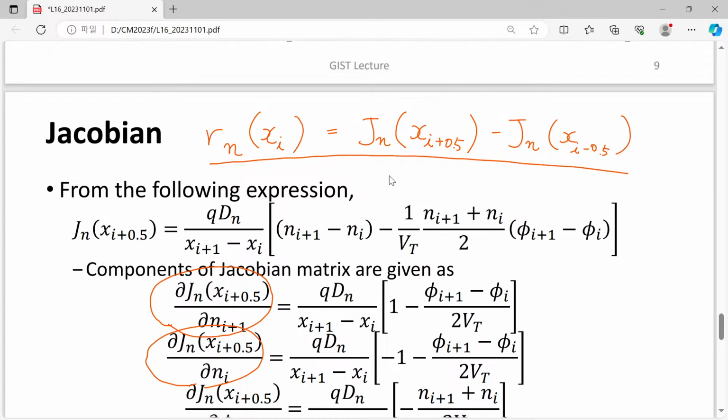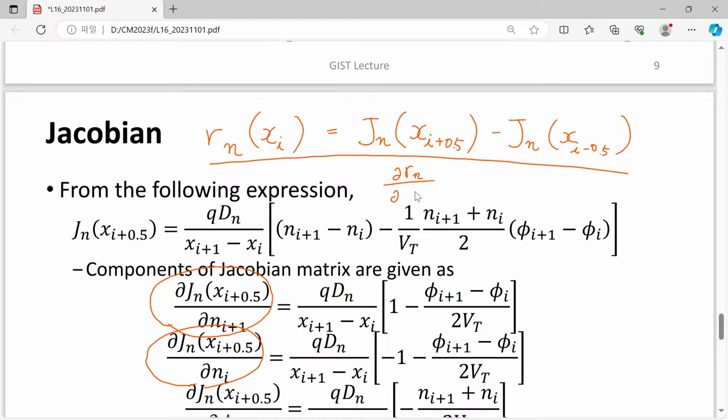So in order to calculate the Jacobian matrix, what you have to do is now take partial derivative of your residue function with respect to what? With respect to our solution variables.